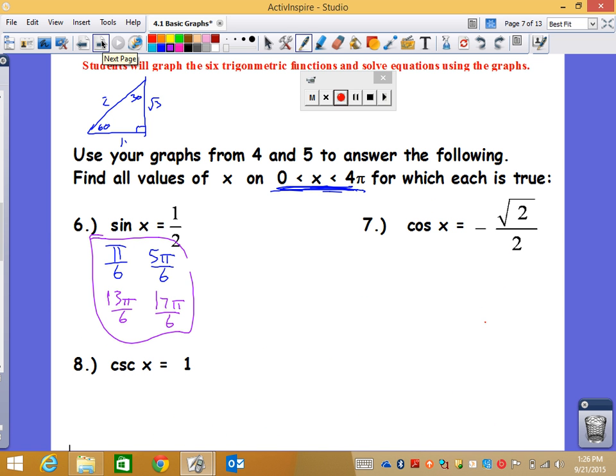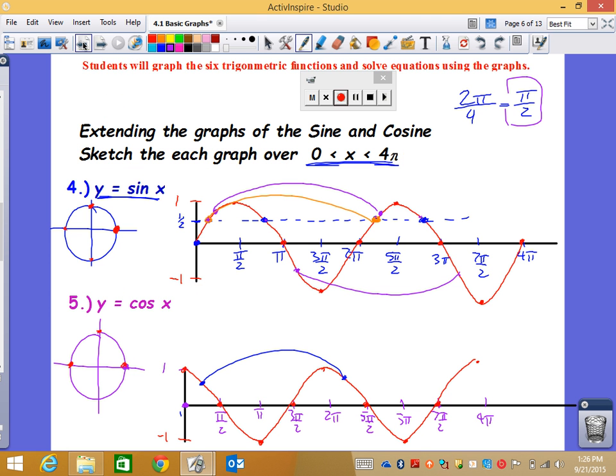Okay, now what about cosine of x is negative root 2 over 2? Well, again, I'm going to make a negative root 2 over 2 line on my cosine graph. And you'll notice again that I cross my cosine graph 4 times. So I'm going to have 4 answers.